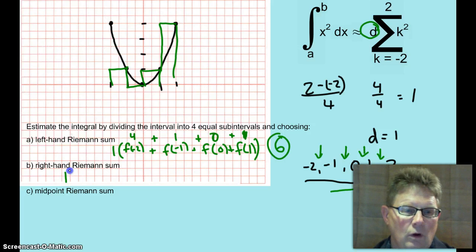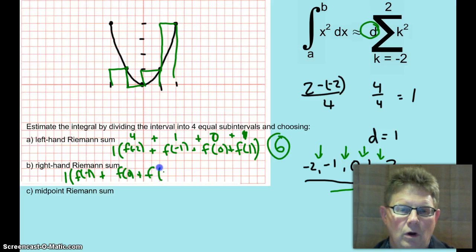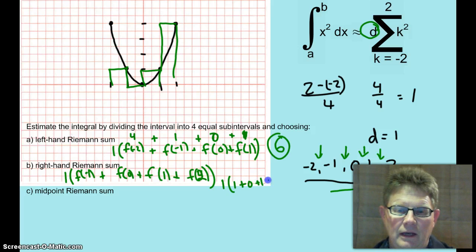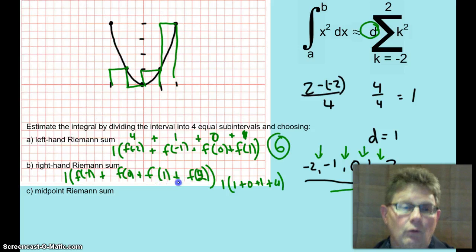So the width again is 1, and that would be f of negative 1 plus f of 0 plus f of 1 plus f of 2. So f of negative 1 is 1, f of 0 is 0, f of 1 is 1, and f of 2 is 4. The right-hand Riemann sum is 6.